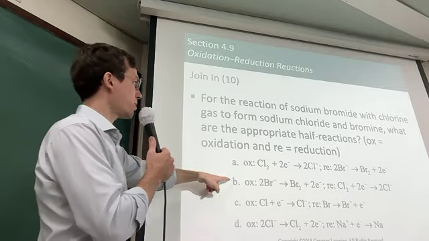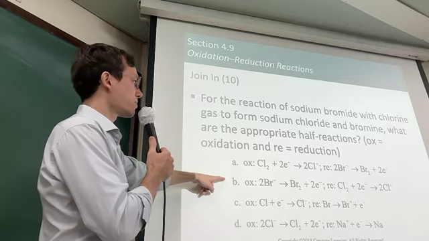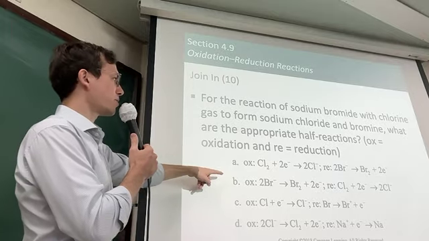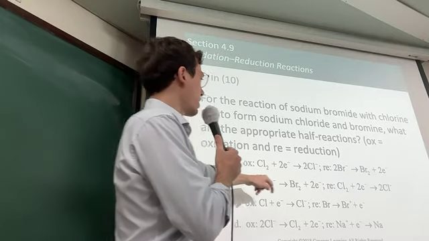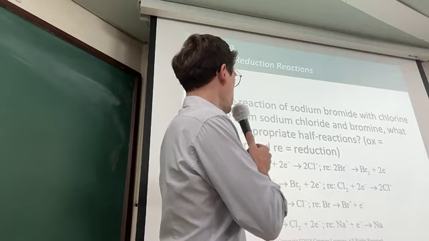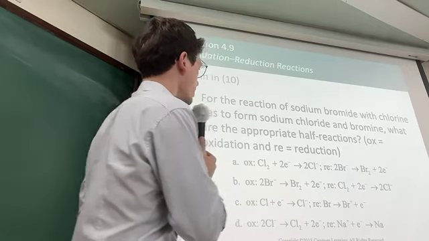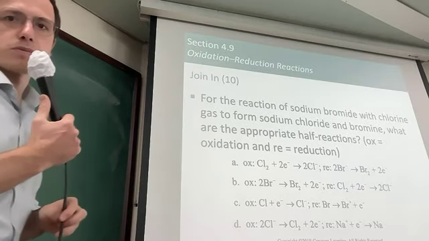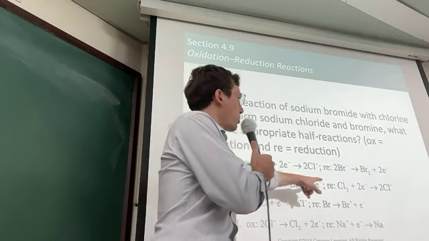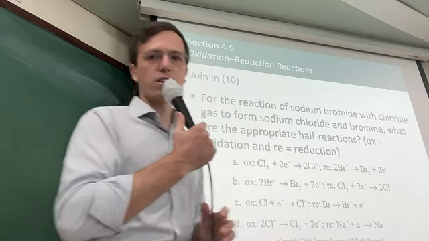Who thinks that this is right? Okay, so here we have bromide, and the oxidation number is increasing, right? How about chlorine gas? Chlorine gas oxidation number is decreasing, that's the reduction.